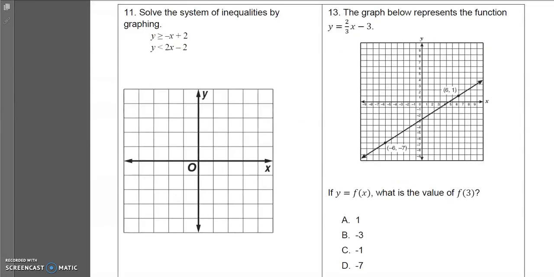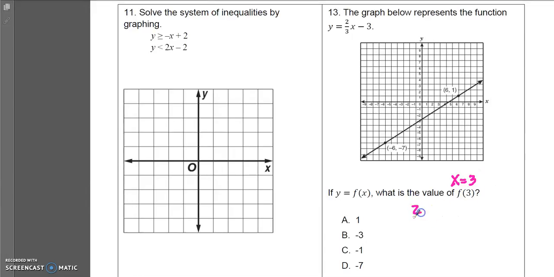Number 13 says the graph below represents the function y equals 2/3 x minus 3. And then it said if y equals f of x, what is the value of f of 3? So remember, this is just a fancy way of saying x equals 3. So I can do two things.